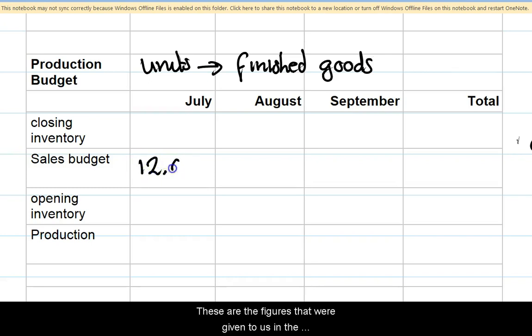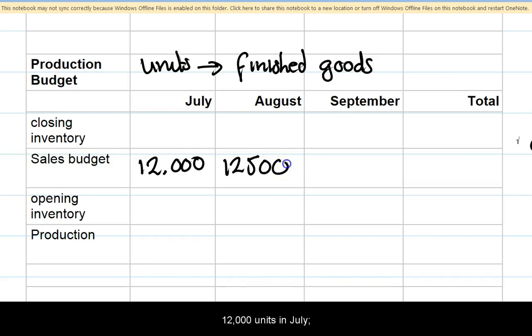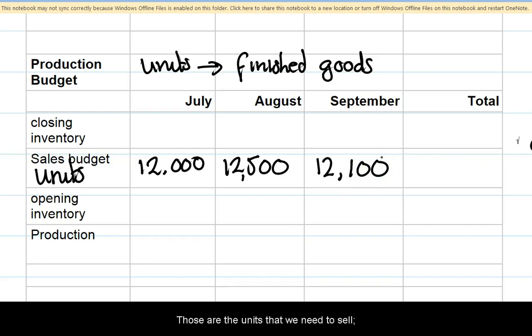These are the figures that were given to us in the question and were used in the previous part. 12,000 units in July, 12,500 in August, and 12,100 in September. Those are the units that we need to sell. That's what our customer demands. But that's not necessarily what we need to make.